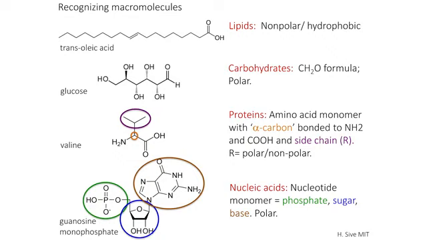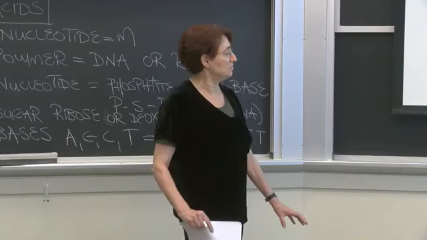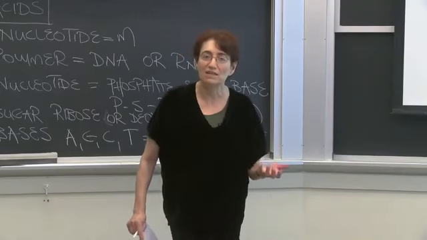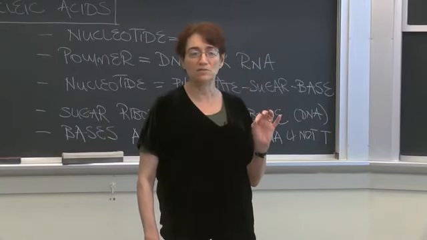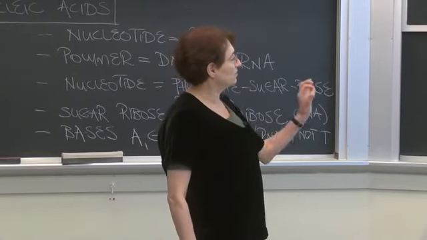And then if you see something that's got a bunch of nitrogens and some oxygens and either 1 or 2 rings attached to it, that's probably the base. You can make these assignations. You can recognize these macromolecules using a set of rules, using a set of ways to recognize them. And I would like you now to go to your next assignment where you're going to do some practice of recognizing macromolecules.